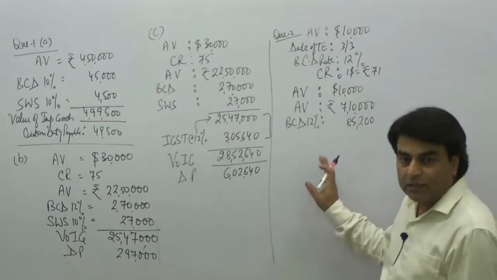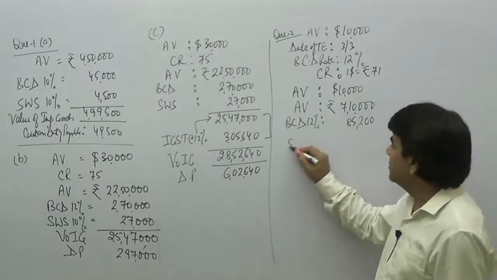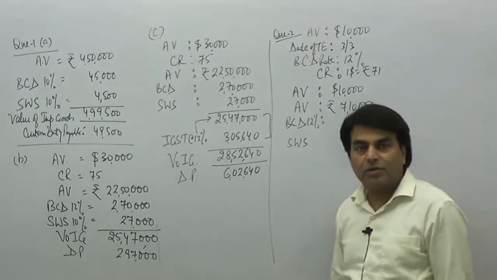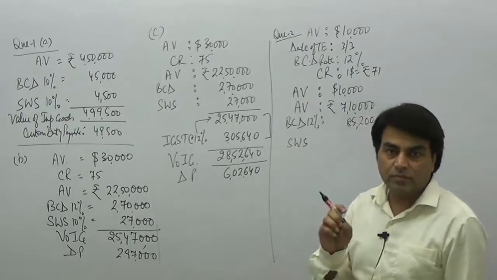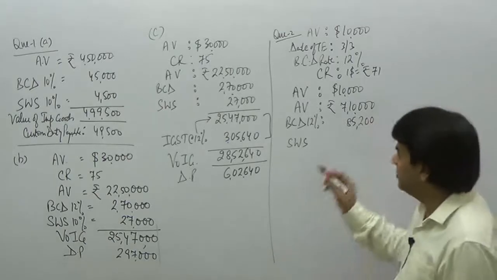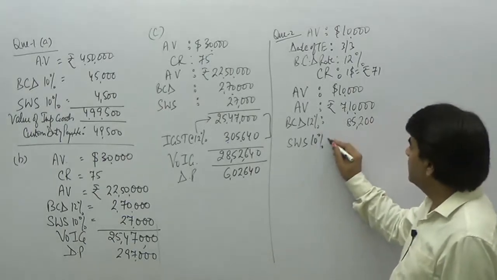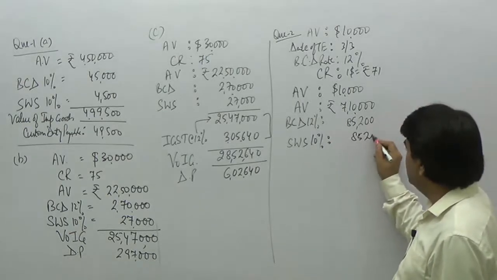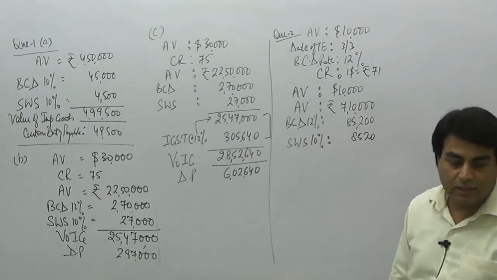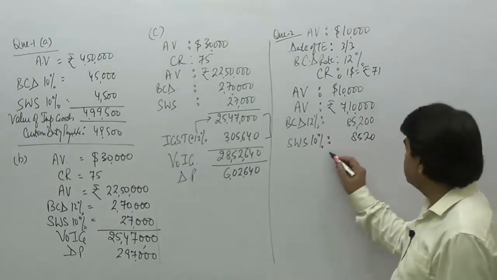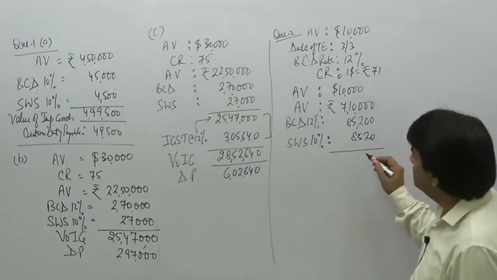Okay, now what? Apply SWS. If it is given or not given in the question, you must apply SWS. The rate is 10%. 10% on what? 10% on BCD amount. So 8520 is SWS at 10%. Okay, clear? Now make a total of this.